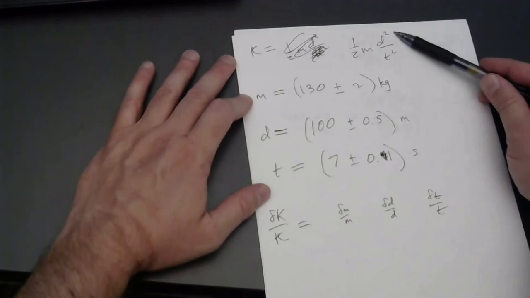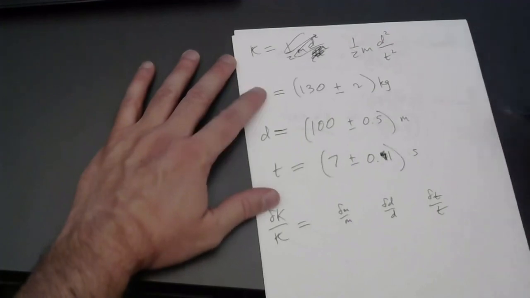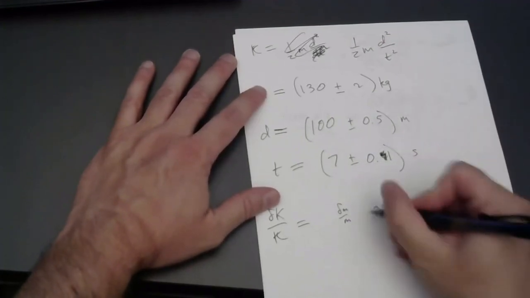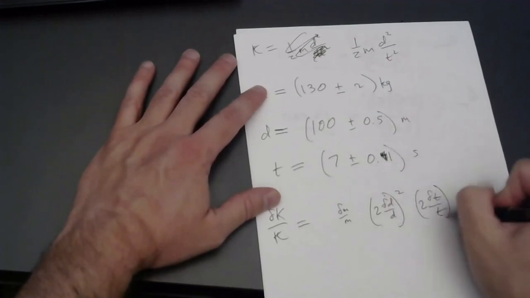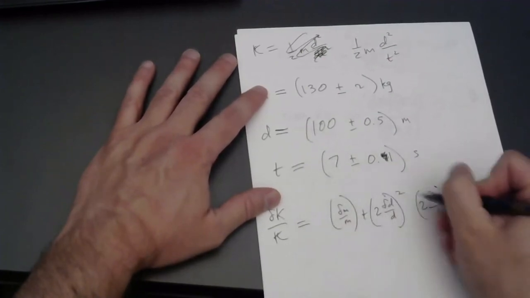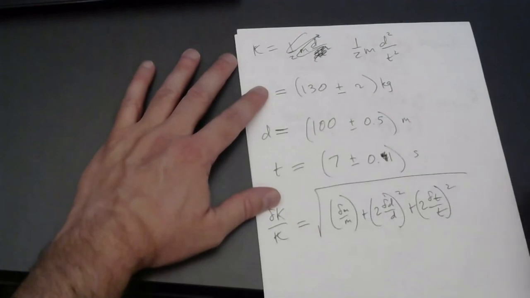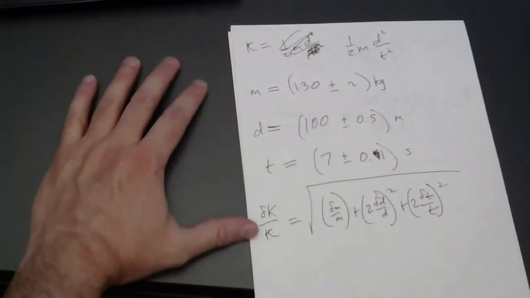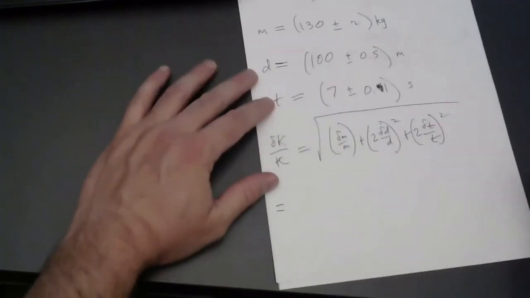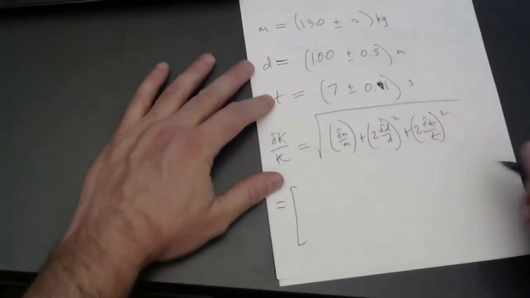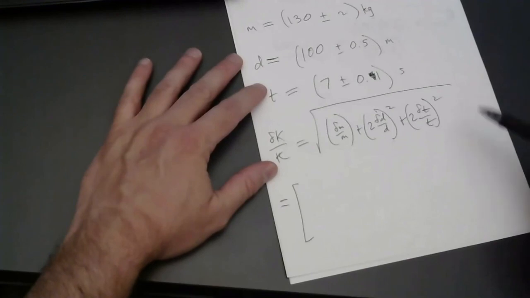We've got an exponent of 2 for the measurements of D and T. So I'll put a 2 here, 2 here, then we square everything. Then we add, and then we take the square root. That's what it means to add in quadrature.